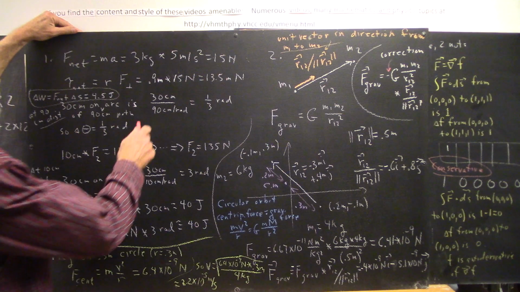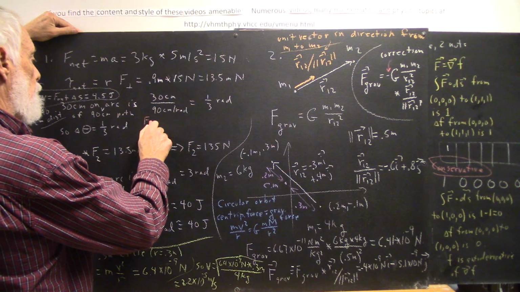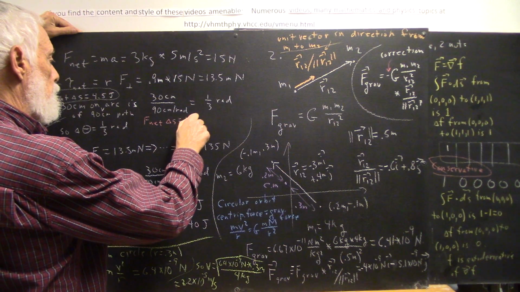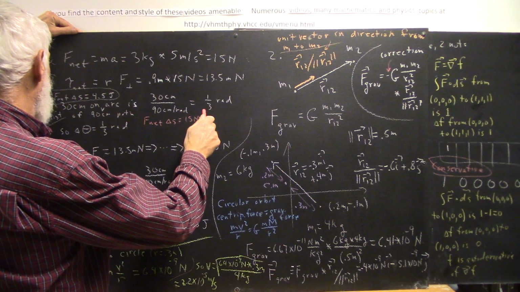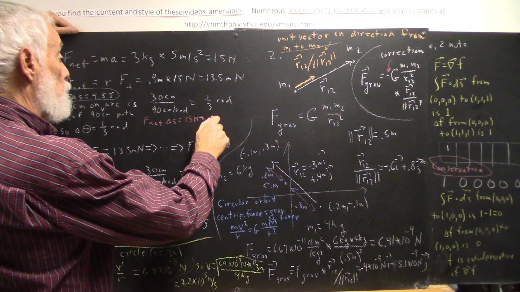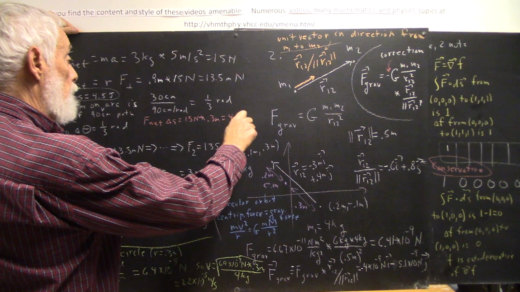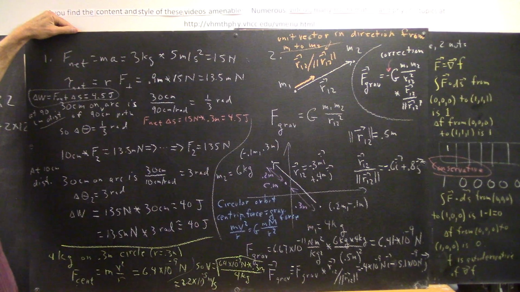Now, we calculated previously that F net delta S equals 15 newtons multiplied by 0.3 meters, that's our 30 centimeters, and that's 4.5 joules.